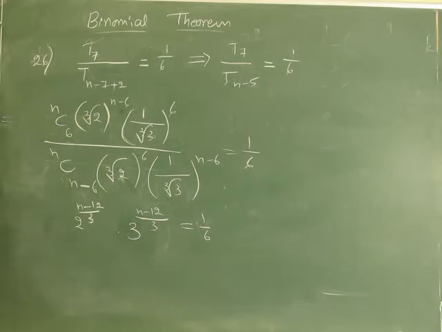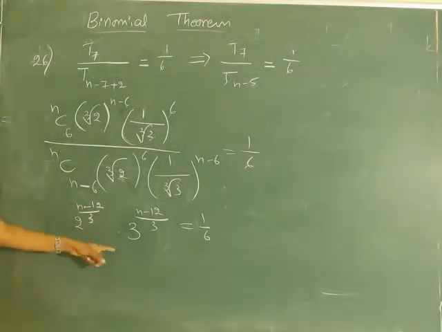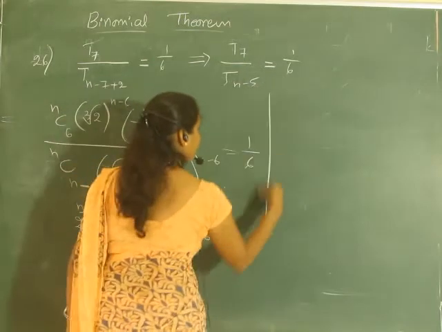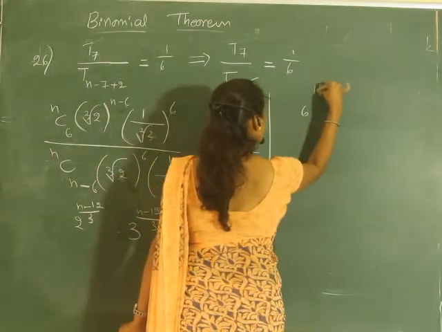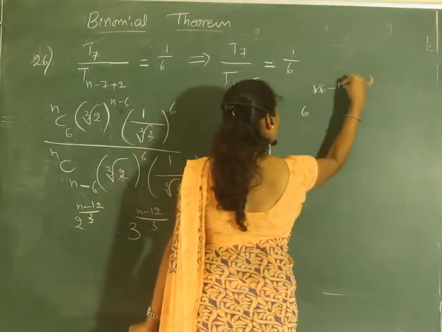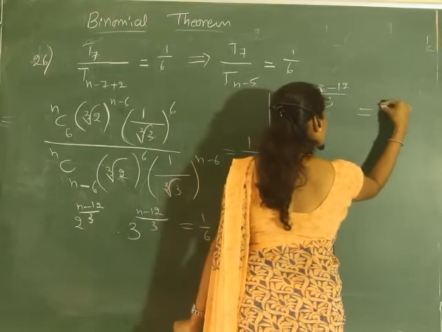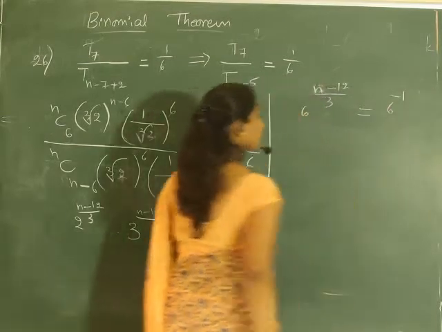So we can see here 2 to the power (n minus 12) by 3 and 3 to the power (n minus 12) by 3. So altogether we can write 6 to the power (n minus 12) by 3 is equal to, again, 1 by 6 can be written as 6 to the power minus 1.